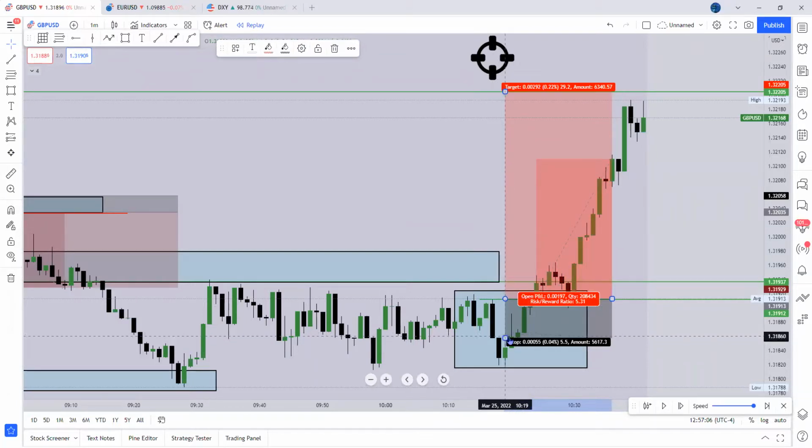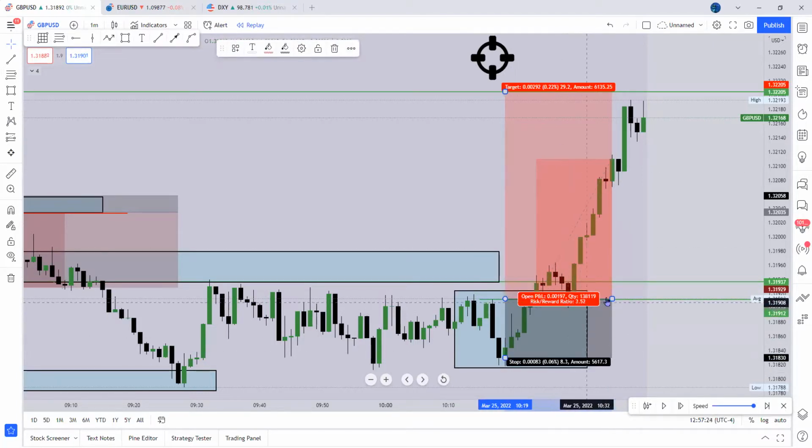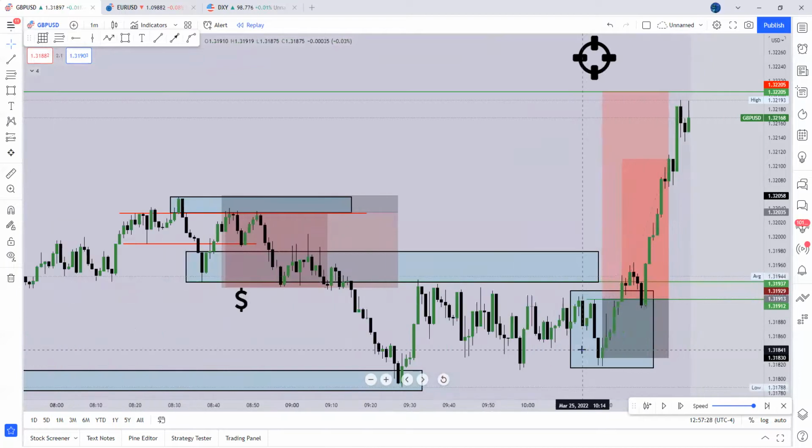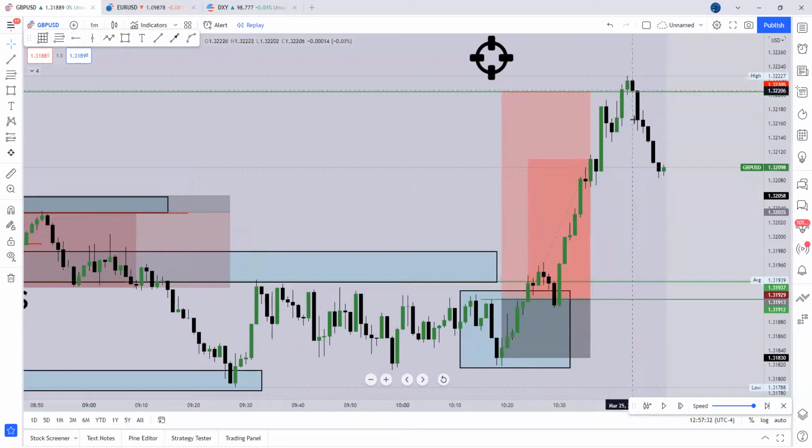If you made 1% a day for a month, you'd make around 20% a month, right? So if you're already making, let's say right here, 3%, and let's say you aim for the wicks and you have 3.5%, and your take profit ends up hitting here, then that's a very good position.